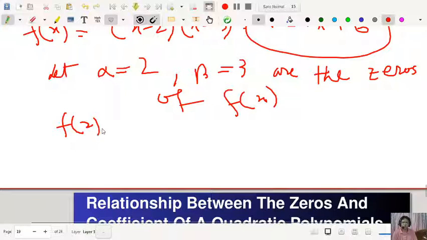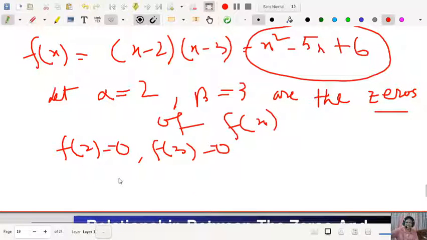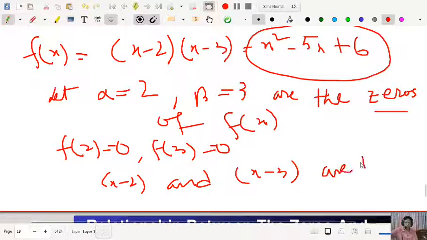f(2) equal to 0, f(3) equal to 0, right? Zeros means that, from the definition. So it means that x minus 2 is a factor and x minus 3 is a factor, from the factor theorem. Am I clear?